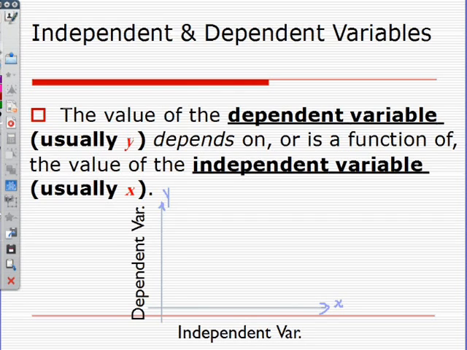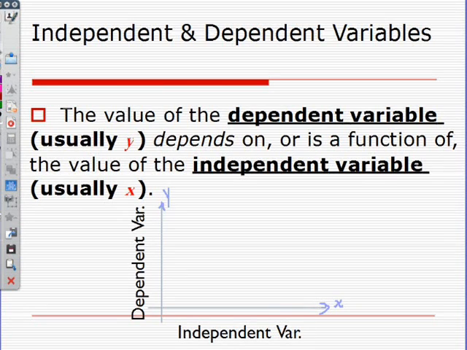The value of the dependent variable, which is usually the y, depends on or is a function of the value of the independent variable, which is usually x. Okay, so the value of the dependent variable, usually y, depends on or is a function of the value of the independent variable.